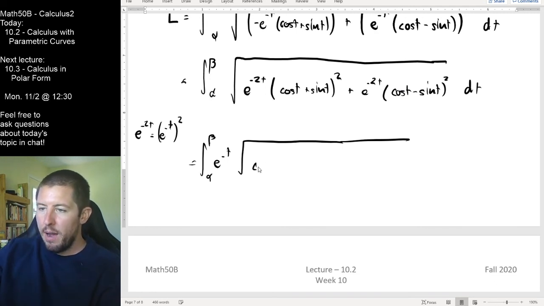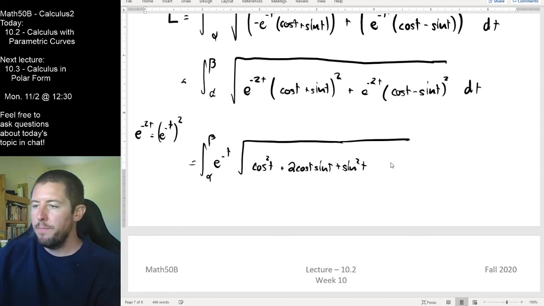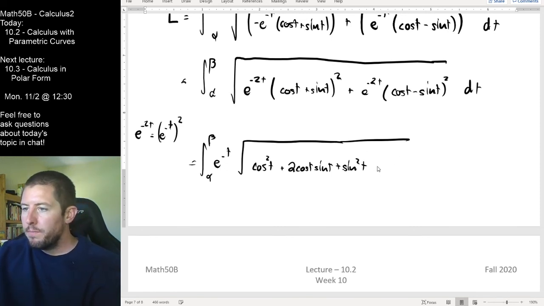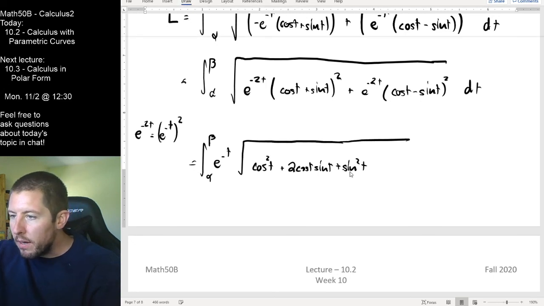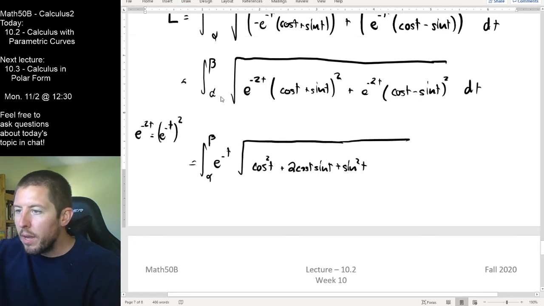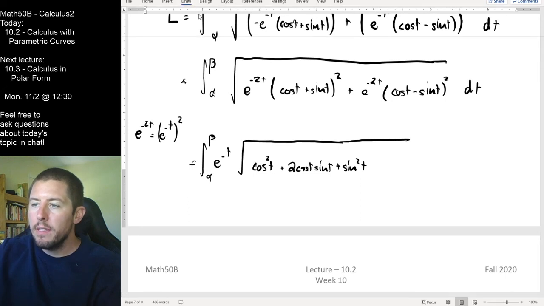So what are we going to get? I'm going to get cosine squared t plus 2 cos t sine t plus sine squared t. That's our first grouping. The e to the negative 2t has already been pulled out to be an e to the negative t. My next grouping here, hold on, I've got to fix this. I've got a random blob right here. There we go. That is a positive right there, not a negative.